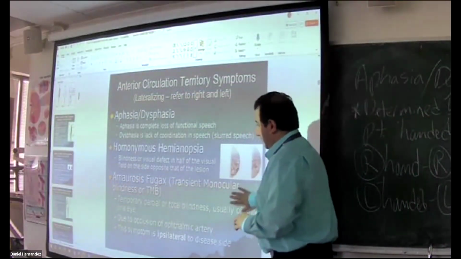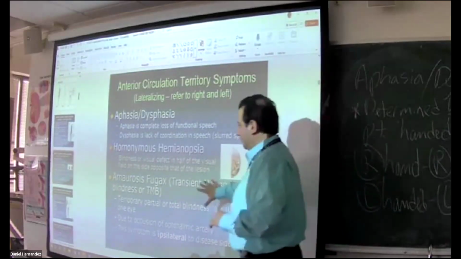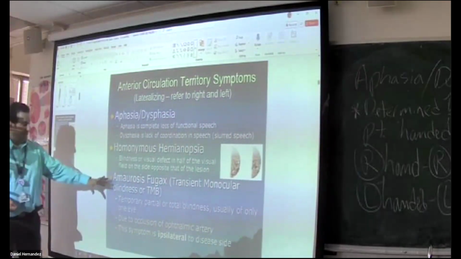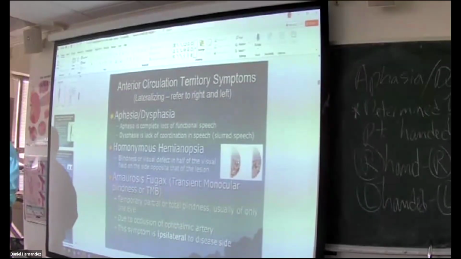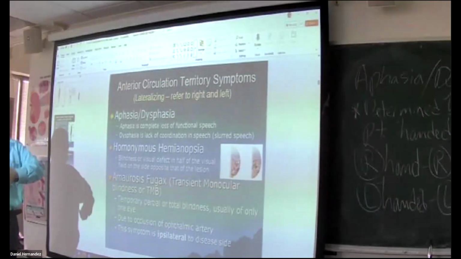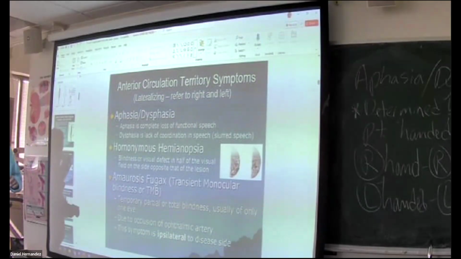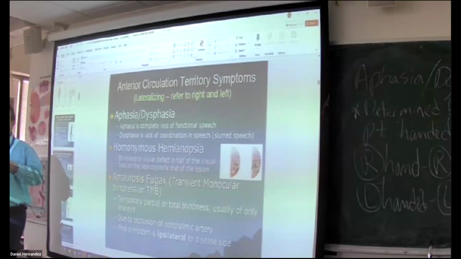The other big one I want you to familiarize yourself with is amaurosis fugax. They love amaurosis fugax. This is a transient temporary blindness. You might see it described as pulling the wool over your eyes or pulling the shade over your eyes. It's temporary, so it's transient, meaning it's going to go away. Partial or total blindness of one eye. Thankfully, since we're above the neck now, it's the same side that's affected.